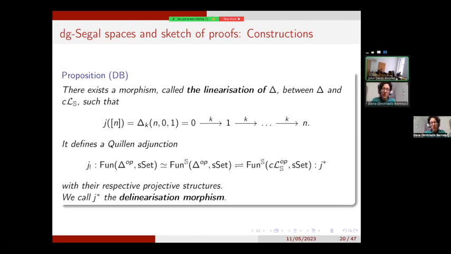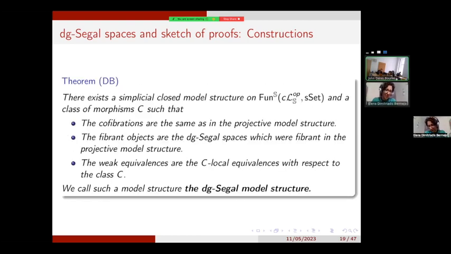Now, we have been working pretty close to Rezk's original paper on Segal spaces up until now. So anyone familiar with that paper won't be surprised to discover that we quickly realized that this is not enough to be a model for DG categories.